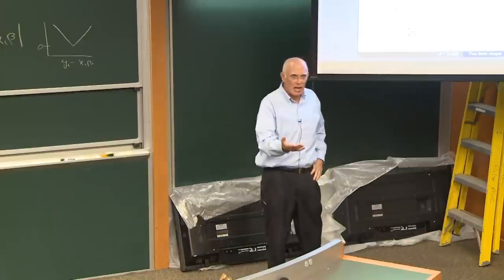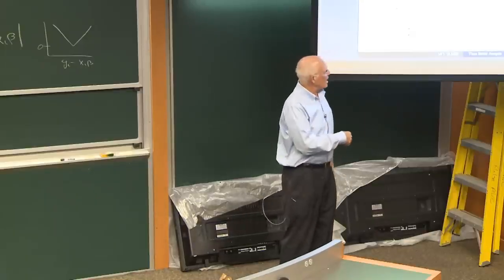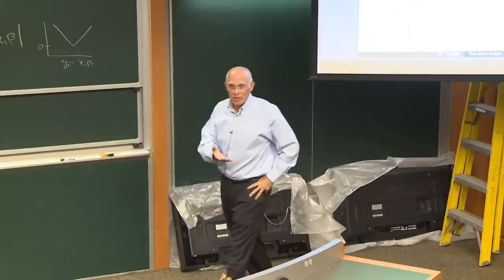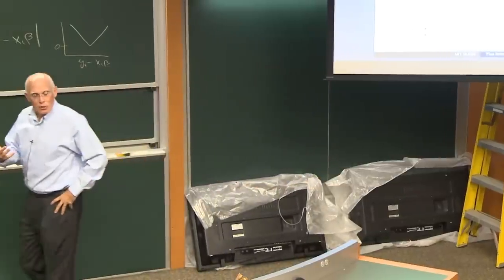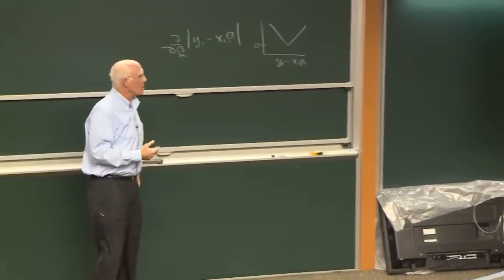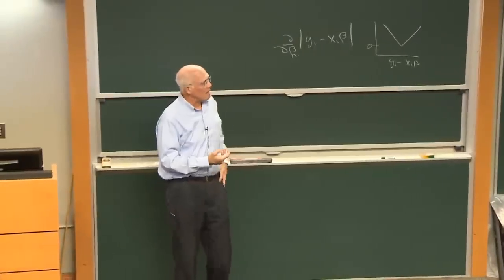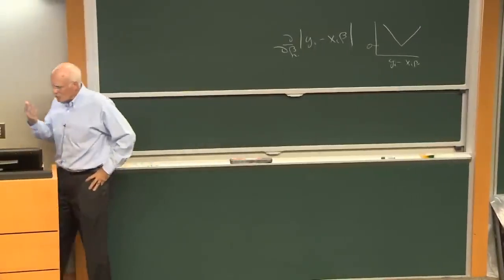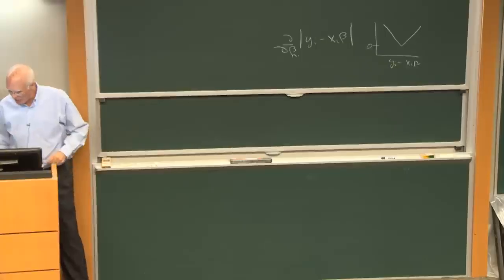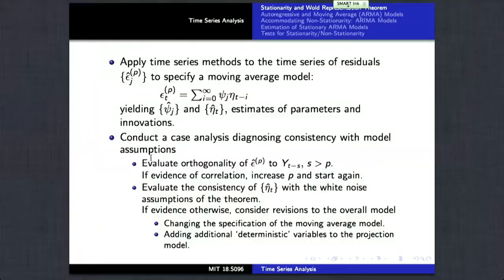We can add additional lags. We can add additional deterministic variables if we can identify what those might be, and proceed with this process. But essentially, that is how the Wold decomposition could be implemented.